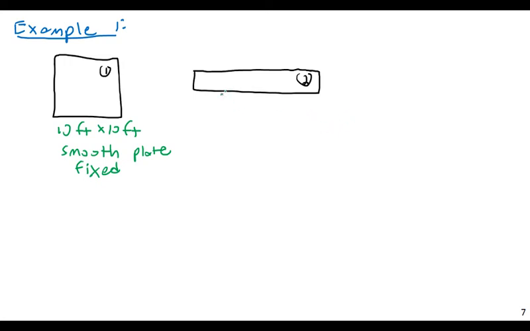And the other one is a 5 by 20 foot, sorry, 5 by 20, not 5 by 10. Let me write this properly, 5 foot by 20 foot. So both of these plates are going to have the same area. And this is also a smooth fixed plate.